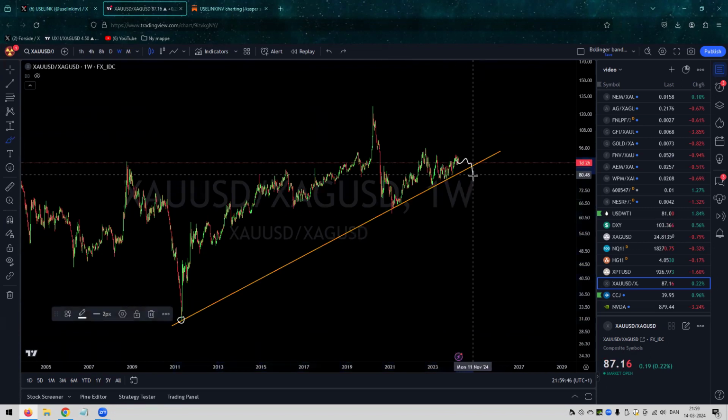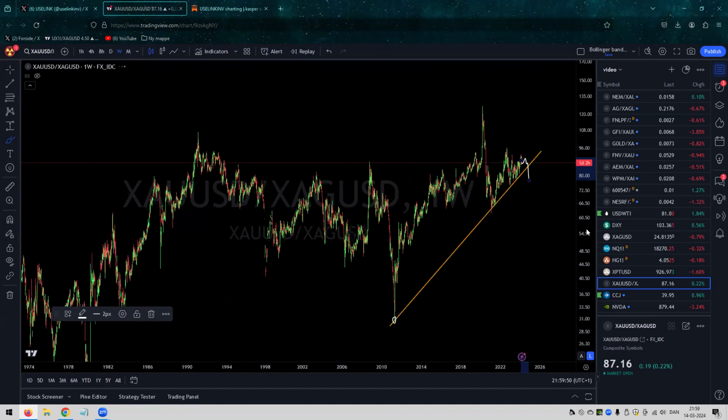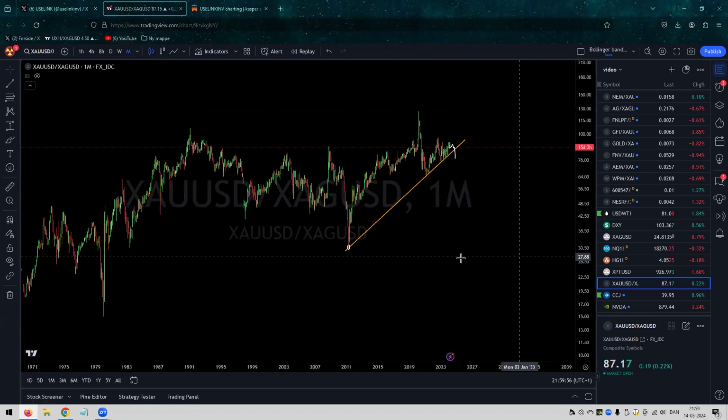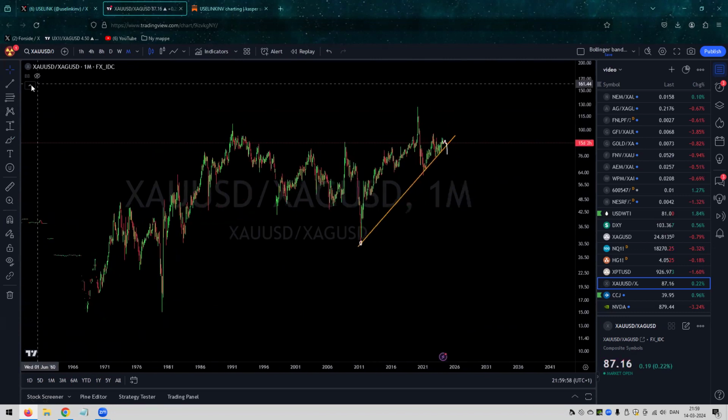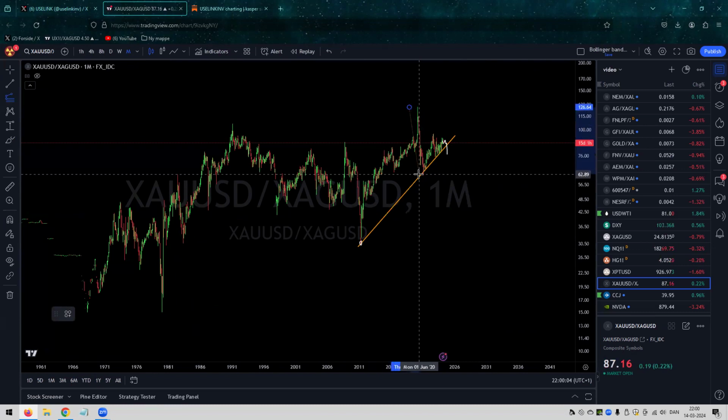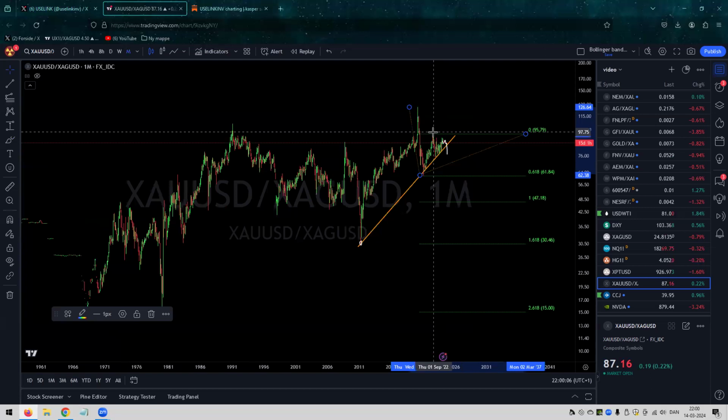Because upon potential breakage, you can start to see here, if we zoom out on the weekly, let's do the monthly, might be easier for you to see. I've been showing this Fibonacci extension here a few times. You take the high there, 2020, to that low there, to that move high there.